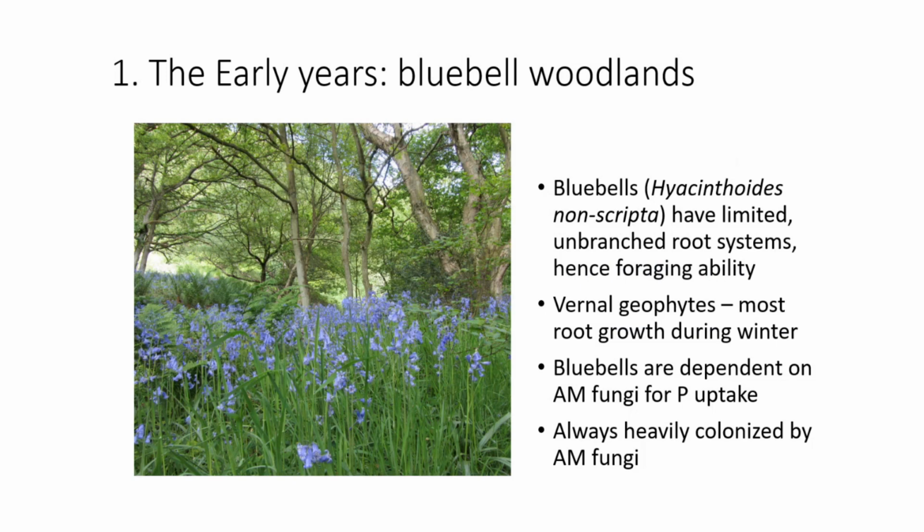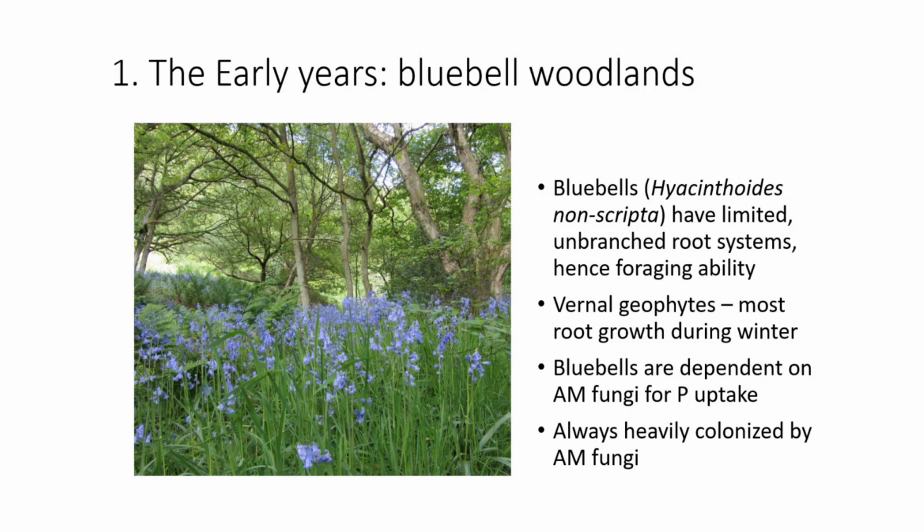Okay, so onto our case studies. The first is the early years of my work on bluebell woodlands. Bluebells, in this case, Hyacinthoides non-scripta. It's one of the saddest Latin names that I know, a bit like a hyacinth, nondescript, very sad. Typically with that group of organisms, they have bulbs, very unbranched root systems, and very limited foraging ability as roots, okay?